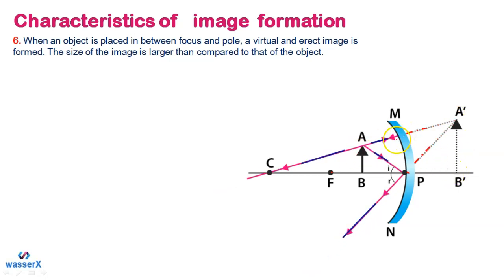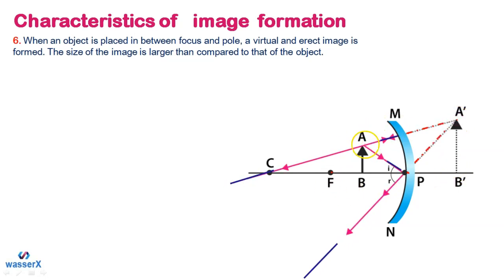How are we getting the image? Basically, as you can see, the actual rays are diverging, and they are not meeting at all on the reflecting side of the mirror. But when you extend these rays backward, you get the virtual image at a point, that is A dash B dash.